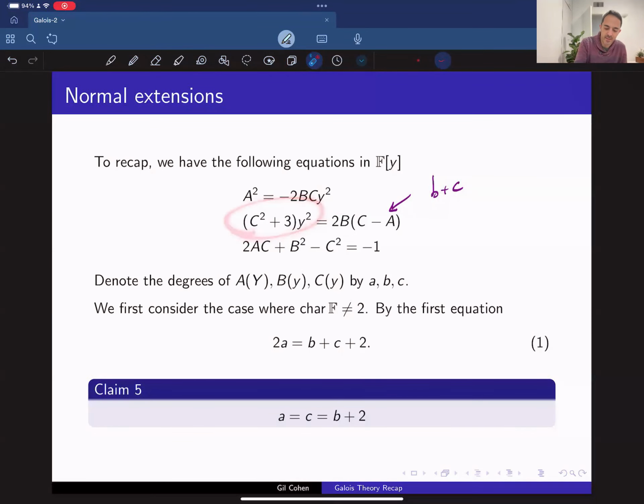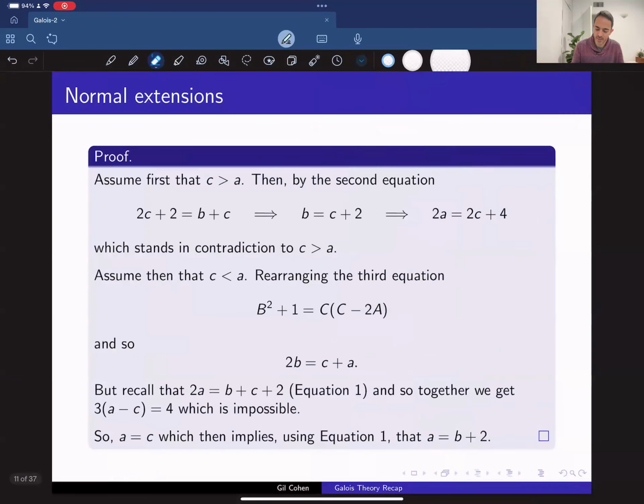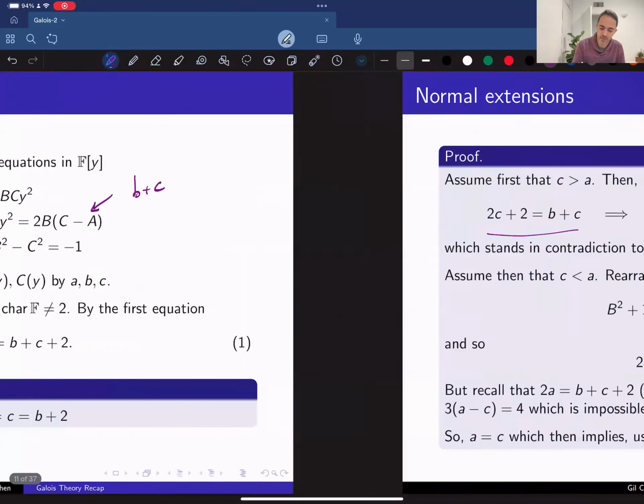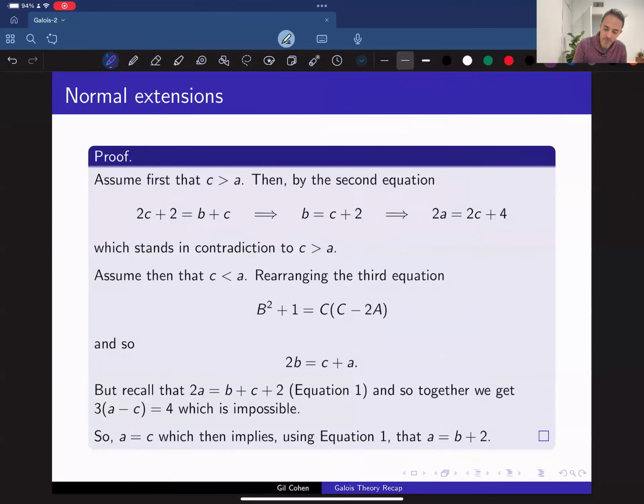And on the other hand, the degree here is 2c plus 2, degree in y form. So we know that 2c plus 2 equals b plus c. Same thing, good. Which means that, moving things around, b is c plus 2.